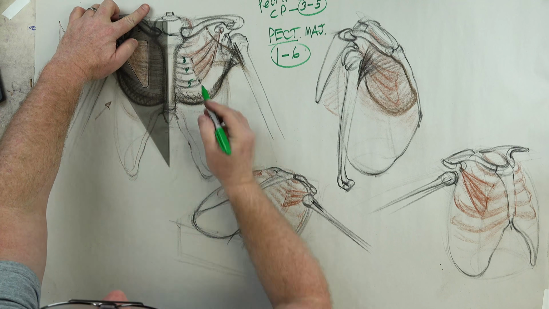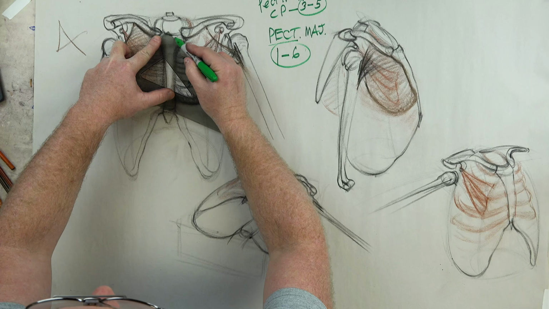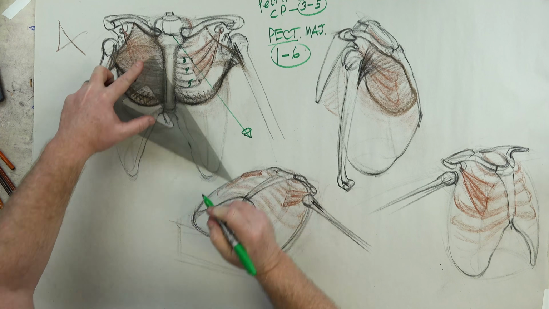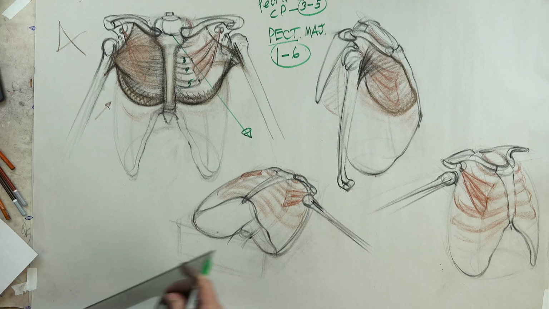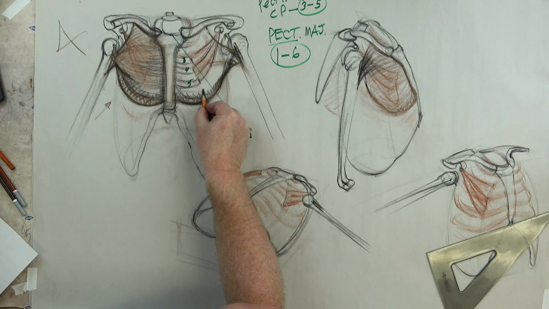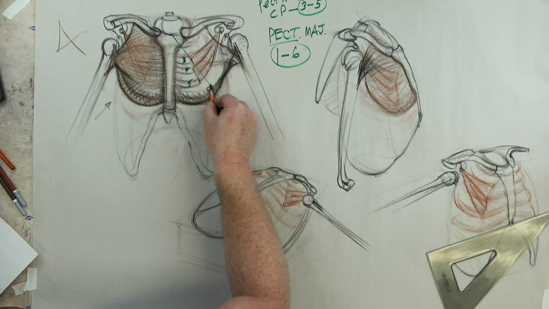So if we're here, 45 is roughly here and through here. So we're coming out generally right in through there. So that nipple line is there. You'll see that, and then you'll see the nipple fall in many different configurations. Right in through there. We won't go into too much detail.